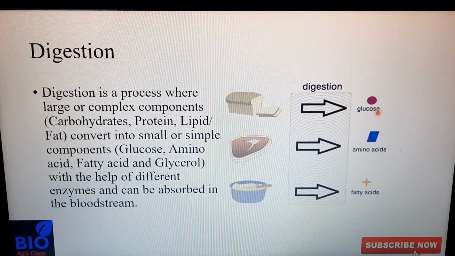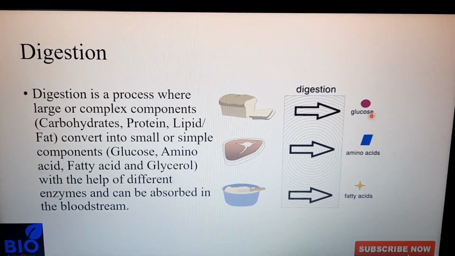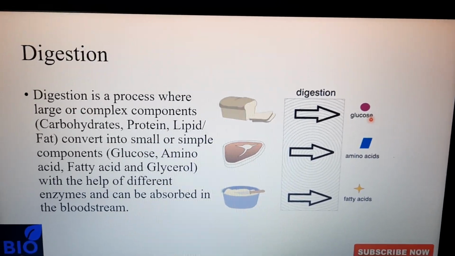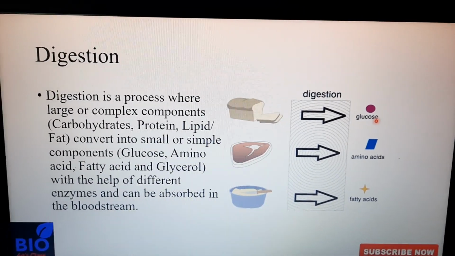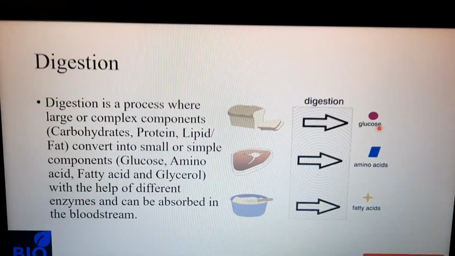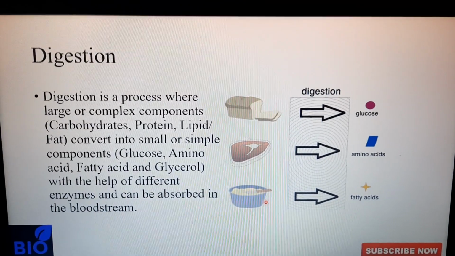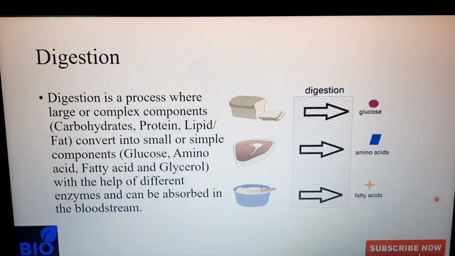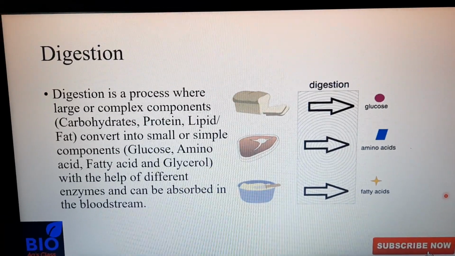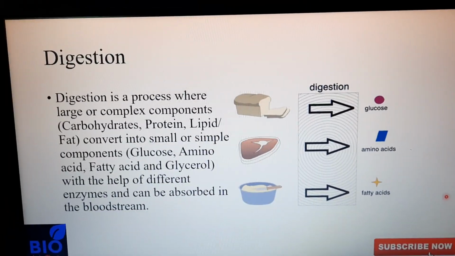And when proteins are converting into amino acids, some proteolytic enzymes are helping here to convert the proteins into amino acids. And in the last case, when the lipids or fats are converting into fatty acids and glycerol, some lipolytic enzymes are helping in this reaction.